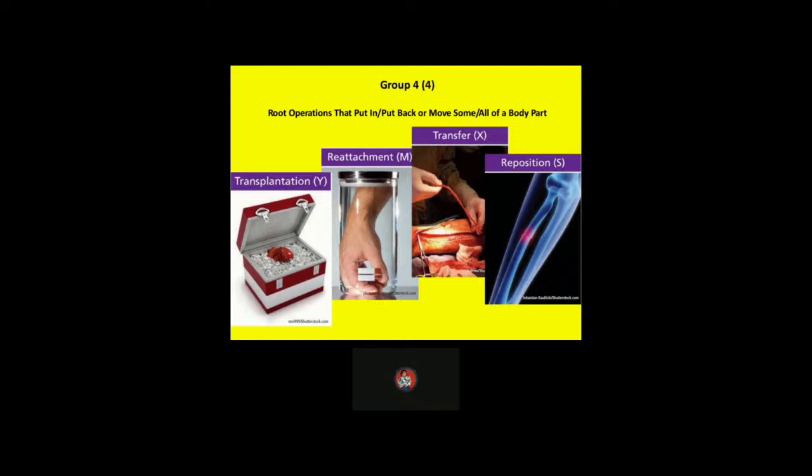So if you're doing a multiple choice test and you're trying to figure out a strategy to get through those questions pretty quickly, one strategy I would offer is to eliminate an answer choice because the root operation is incorrect. Now, of course, you need to continue to practice, practice, practice.